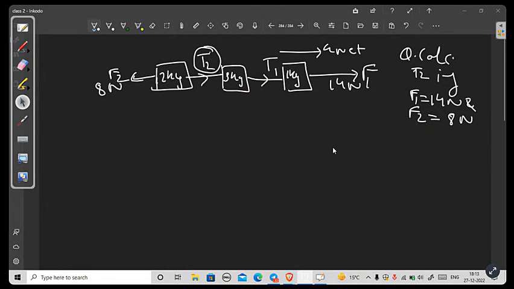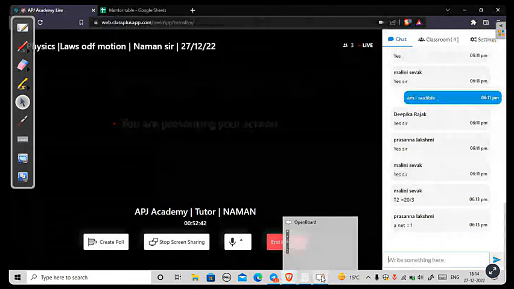How much time will you take? A net 1, T2 20 by 3.